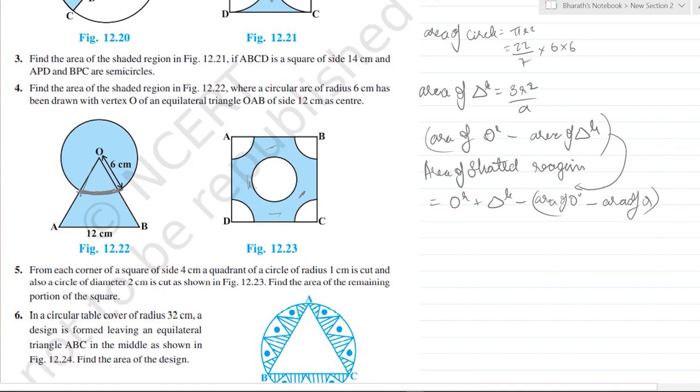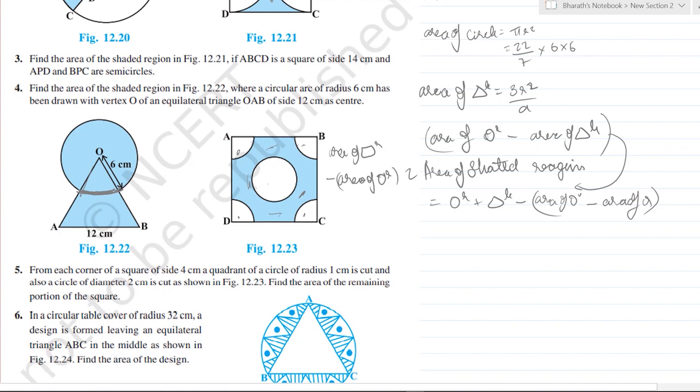So area of square minus area of circle into 2. Like this 4 quadrants is equal to 1 circle, right? And here 1 more circle. And then, yeah, 4 sides.